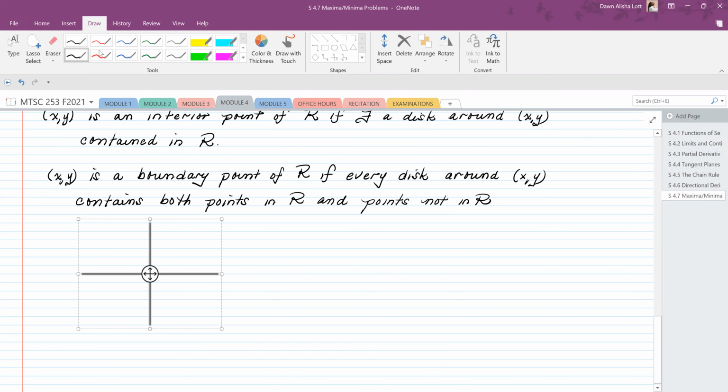Okay, so I can draw my region to look like this. I pick a point.